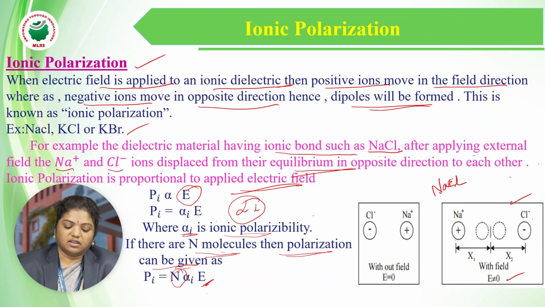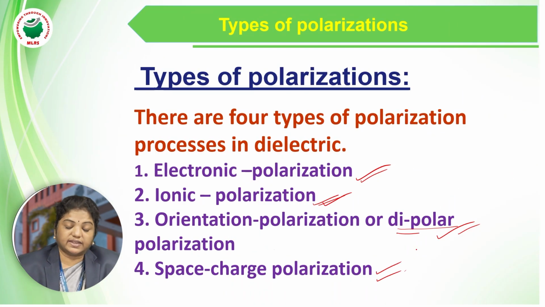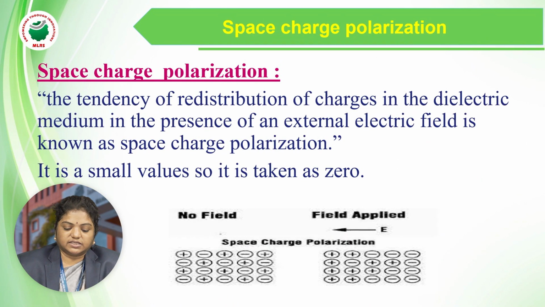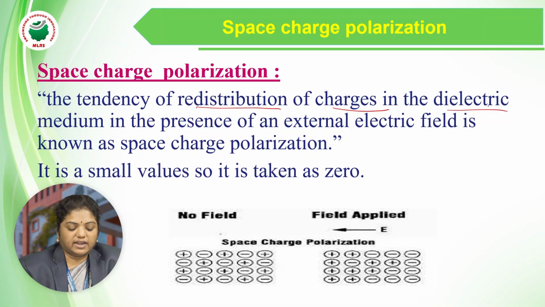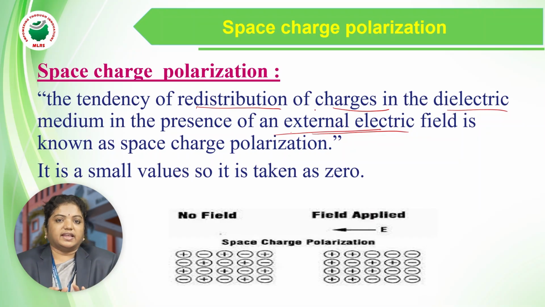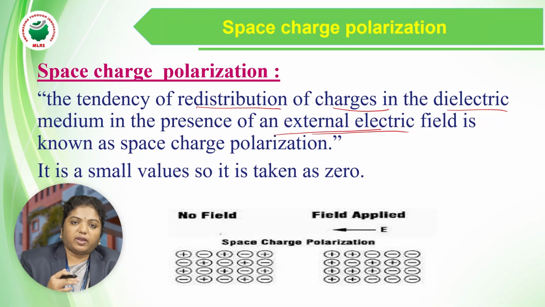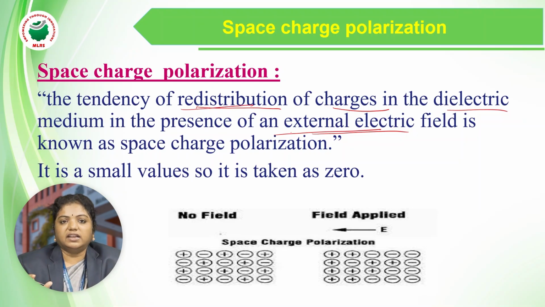The last type of polarization is space charge polarization. Here we observe the tendency of redistribution of charges in the dielectric material in the presence of the electric field. Already the charges are like a dipole, but whenever we apply the external electric field, the tendency is redistribution along the field direction.